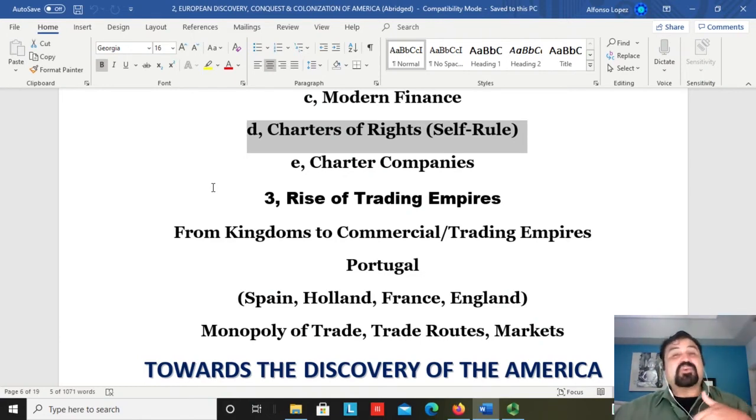They were given a charter of rights. They were given the rights to pretty much govern the towns in which they live. Remember, we're talking about the Chamber of Commerce, the merchants, the guilds. So some of those merchants, again, are going to earn those rights, and they're going to be given the possibility here, the right to actually govern the town itself, what we call self-rule.